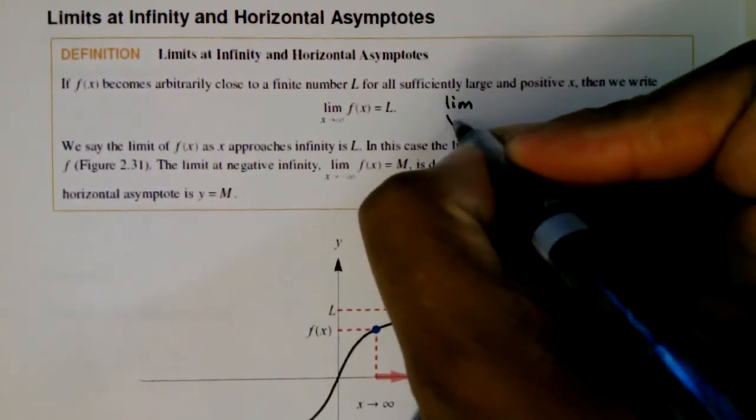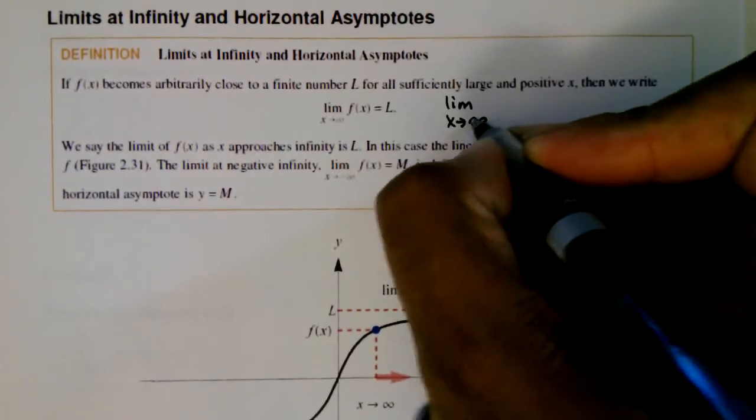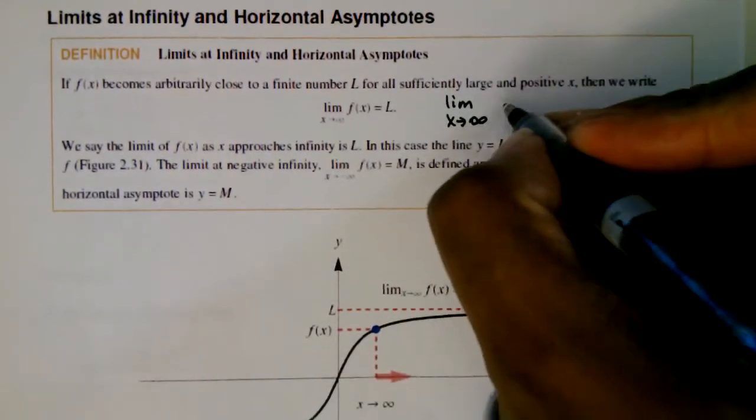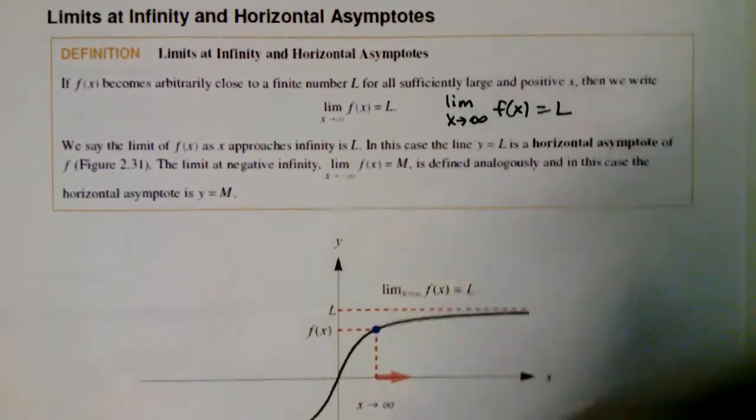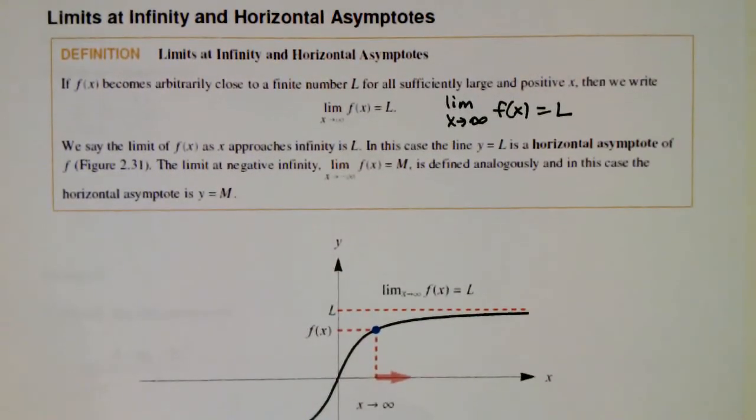So limit as x approaches infinity of the function f of x equals L. Now, in this case, the line y is equal to L is the horizontal asymptote of the function f.